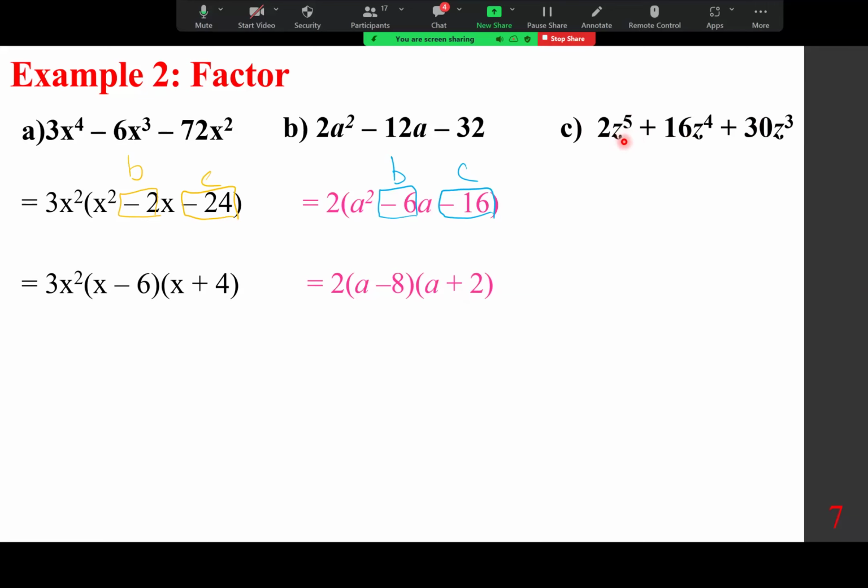So this results in z squared plus 8z plus 15. So we want two numbers. The product is 15 and the sum is 8. So clearly those are 3 and 5. So 2z cubed, z plus 3, z plus 5, the product of all of those.